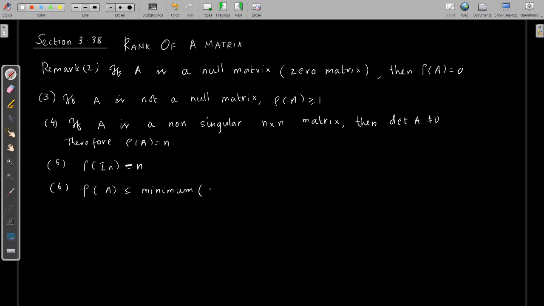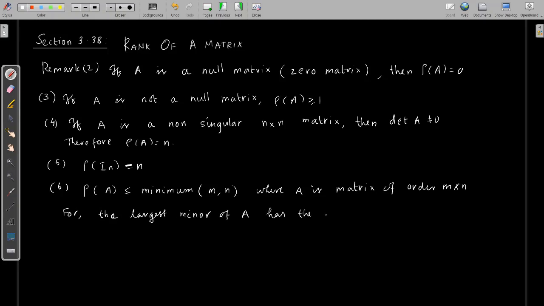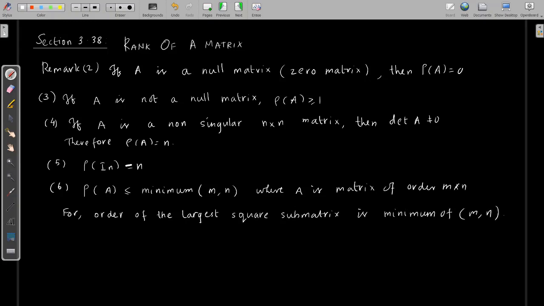And the rank of A is always less than or equal to minimum of m comma n, the number of rows and number of columns, because the largest possible square submatrix has order n. You cannot consider a square submatrix of order greater than n because that contains only n columns if n is less than or equal to m. Otherwise, the maximum possible order is m. So the maximum possible order of a minor is the minimum of these two numbers, m comma n.